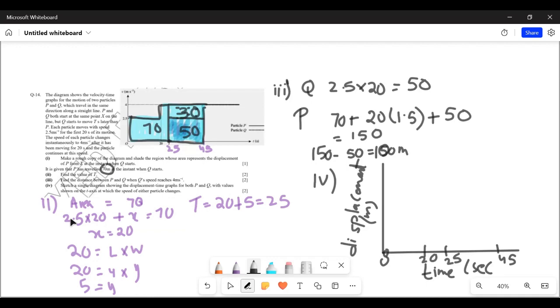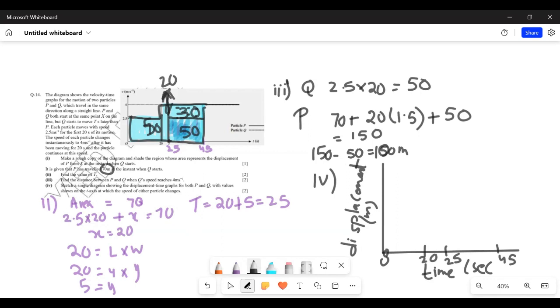P पहले 20 seconds में कितना distance cover करता है? वो total 70 था और ये I think ये 20 था. This was 20. So then this was 50. Okay. So for the first part, from 0 to 20 seconds, जो particle P है, that covers a distance of 50.